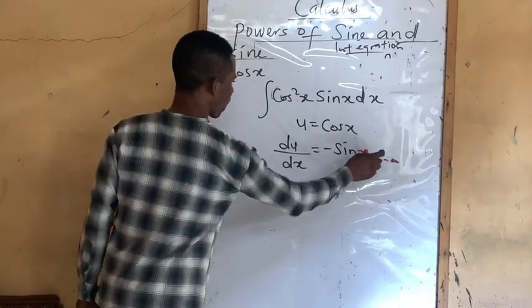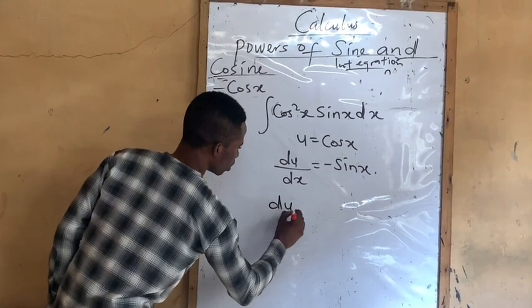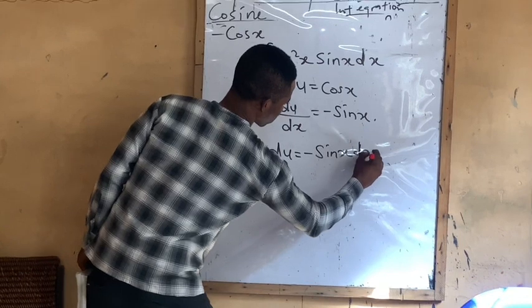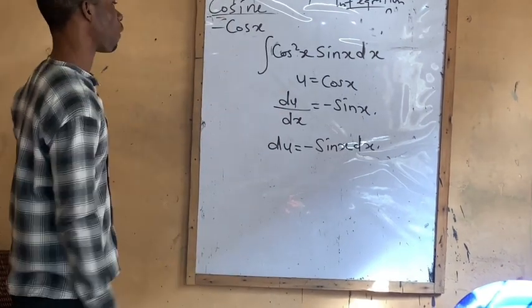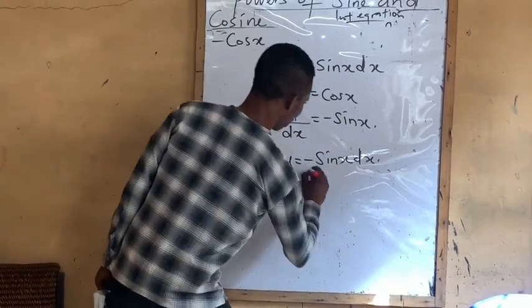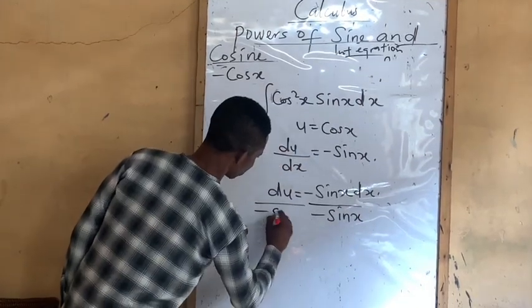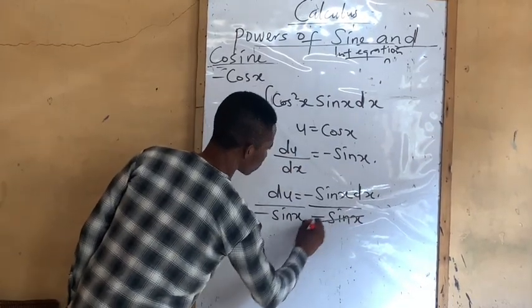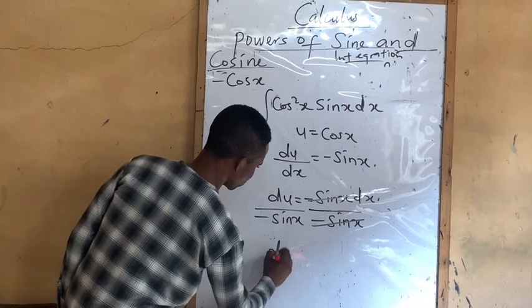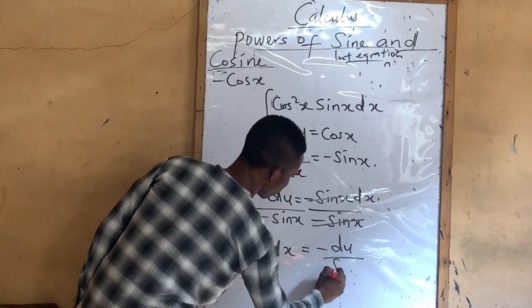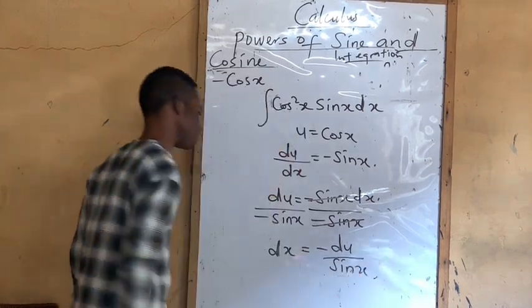If I cross multiply, I will have du equals minus sine x dx. But I'm actually looking for dx, so that will be all over minus sine x. This cancels this. We have dx equals minus du all over sine x.